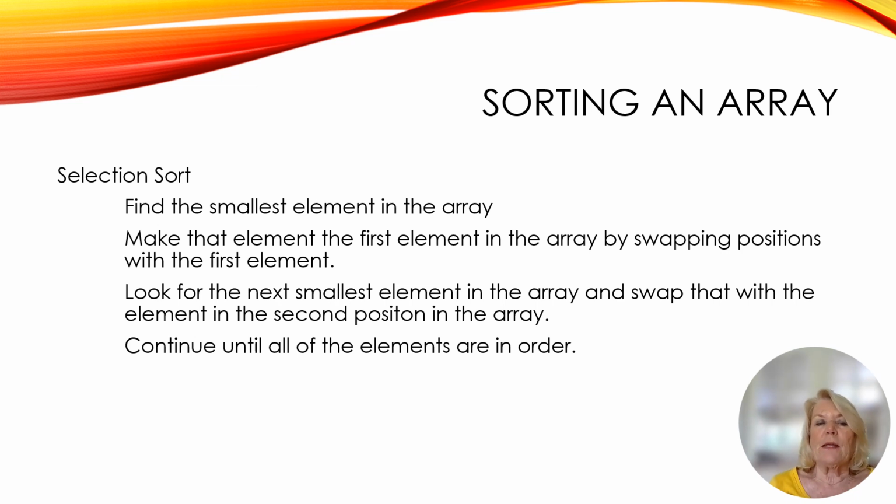Then you make that element the first element in the array by swapping positions with wherever it was located before, so it now becomes the first element. Then you go through and look for the next smallest element in the array and swap that with the element in the second position in the array. And you continue that until all of the elements are in the correct order.